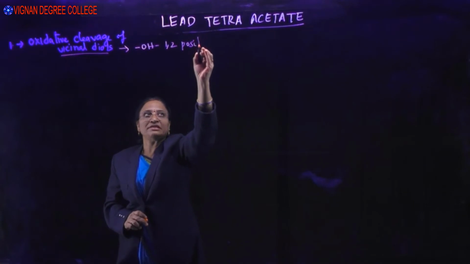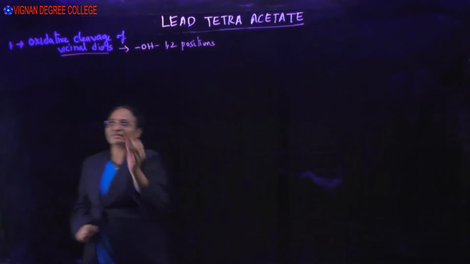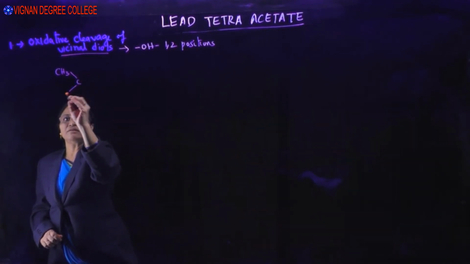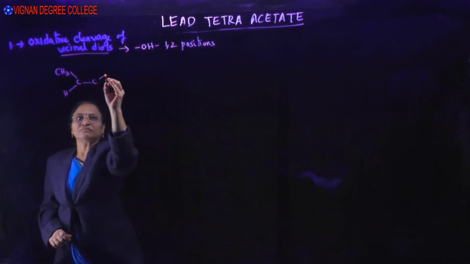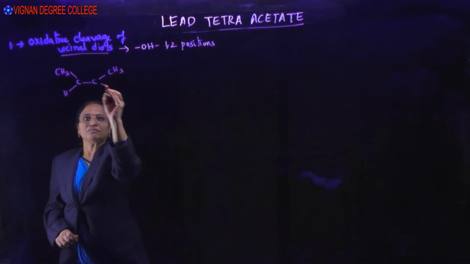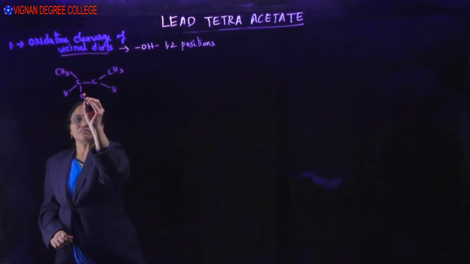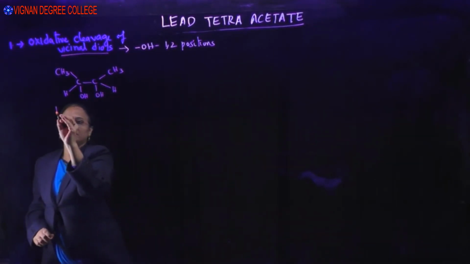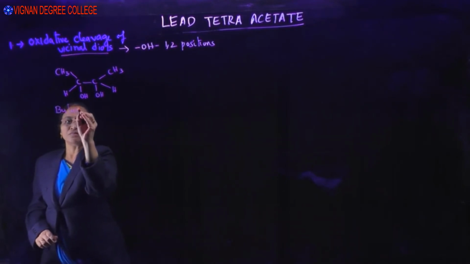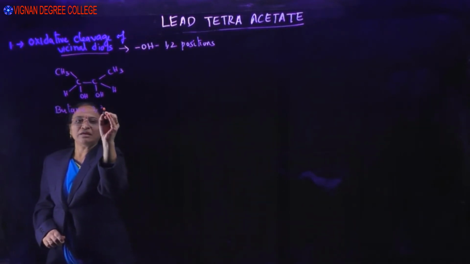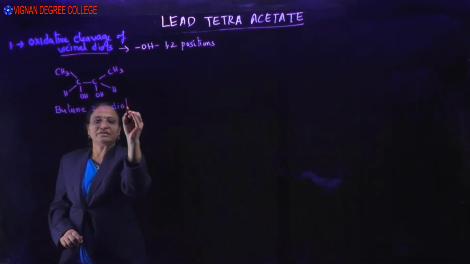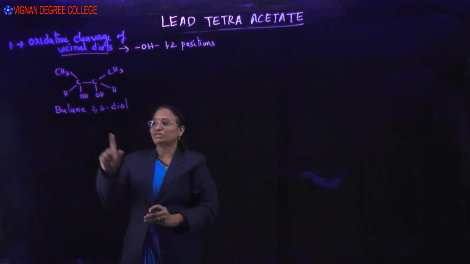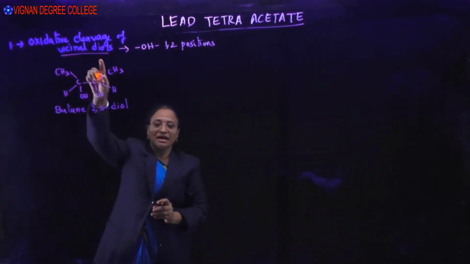For example, this is butane 2,3-diol, where you can see the 2 hydroxy groups are present on adjacent carbon atoms. Such diols are called vicinal diols.